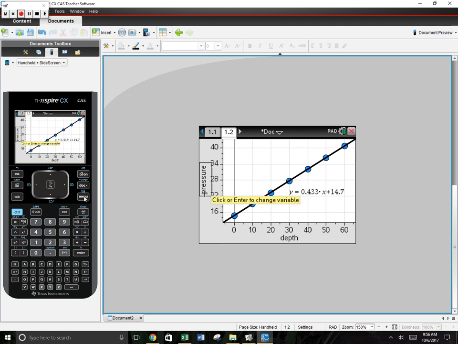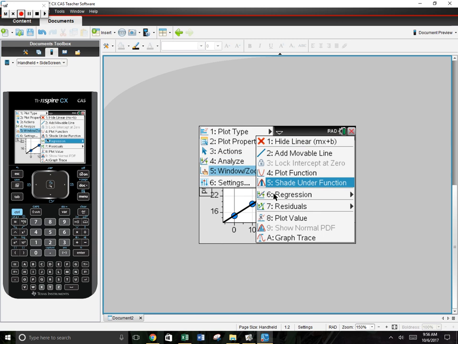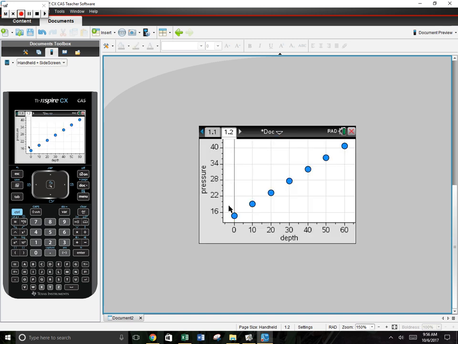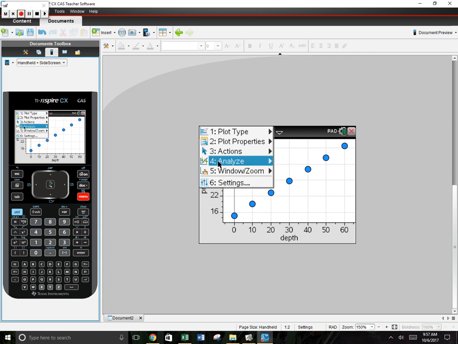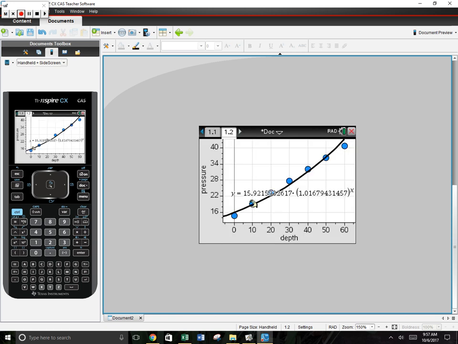Okay, now an exponential regression. I'm going to go menu and do the same thing, analyze, regressions, and first I'm going to hide the linear regression I just did. Now I'm going to go menu, analyze, regression, and let's show an exponential regression.